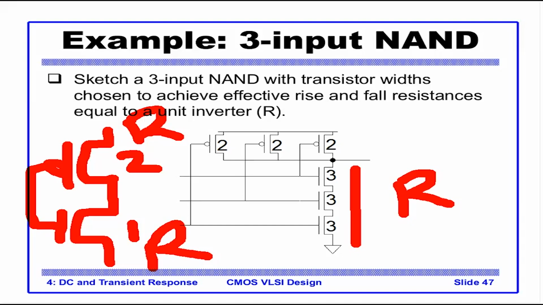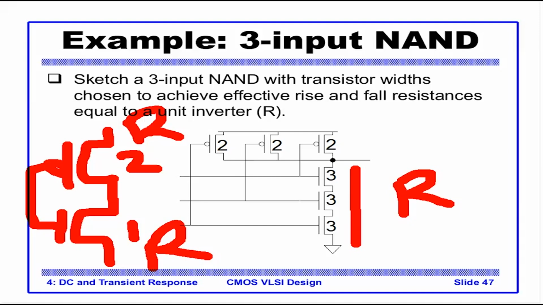Now we come back here. The PMOS are in parallel, but this is a NAND gate. At any given time we assume that only one PMOS would be on and the other two would be off.